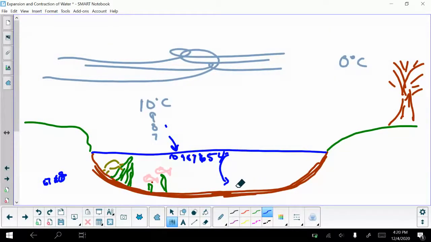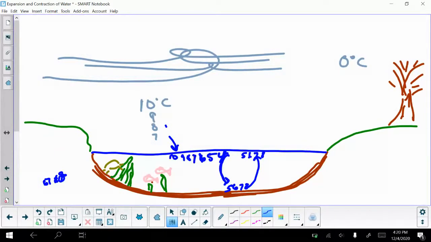And this water here that is perhaps at 5, 6, 7, 8 degrees or so is less dense. So as that 4-degree water starts to sink, it will push up that warmer water, which means that now instead of having 4-degree water, we're back to having 5, 6, 7, or 8-degree water.